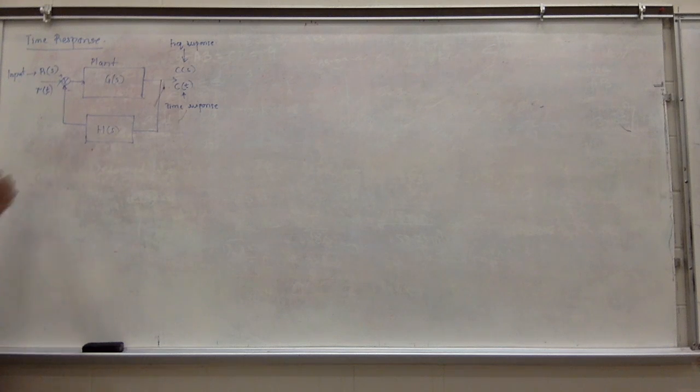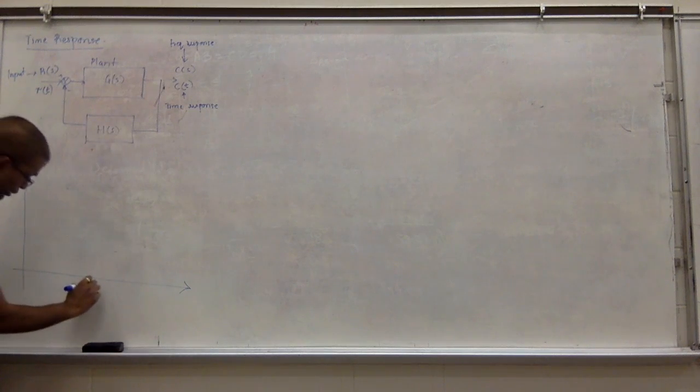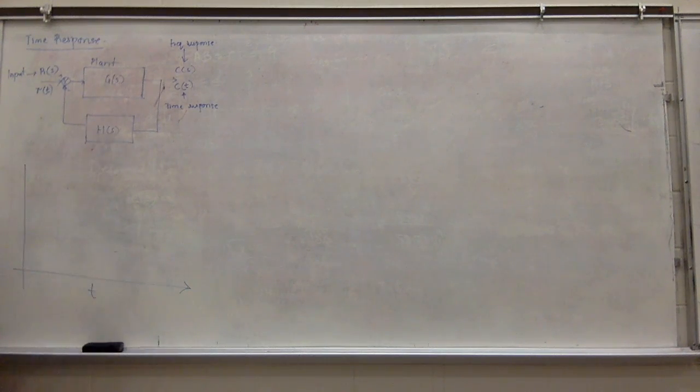So the plot I've been trying to show you: you have time plotted on the x-axis and C of t, the response as a function of time, plotted on the y-axis.